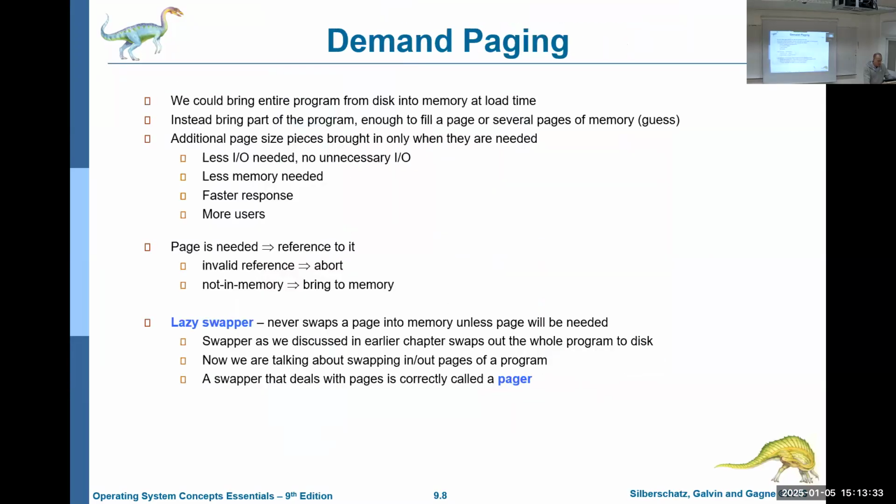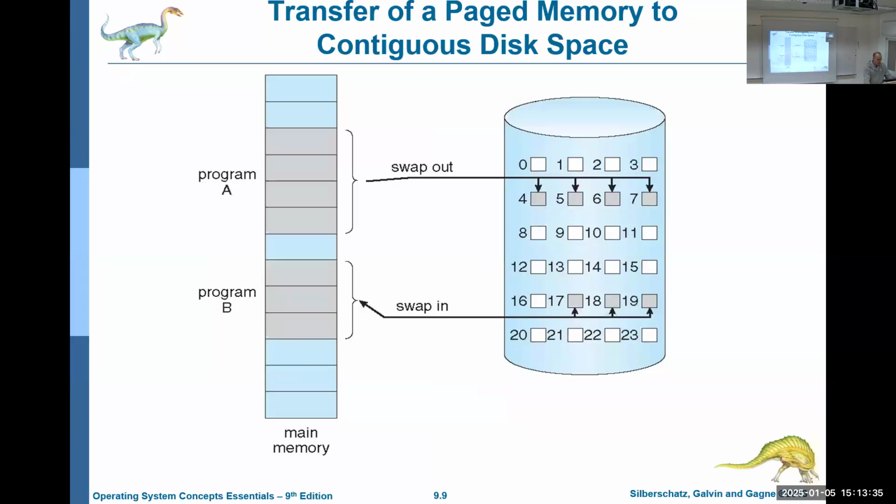We could say A is contiguous, so if we know where it starts, we know where all those pages are. And B is contiguous, so if we know where it starts, we know where all its pages are. But we still have to know where the beginning of A and the beginning of B are. There's no reason why you can't store it in the place where you normally point to which page.